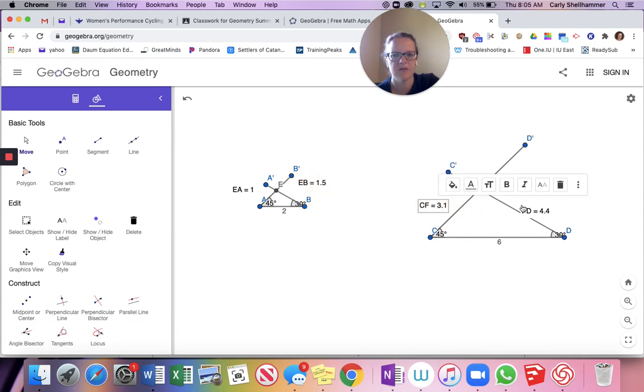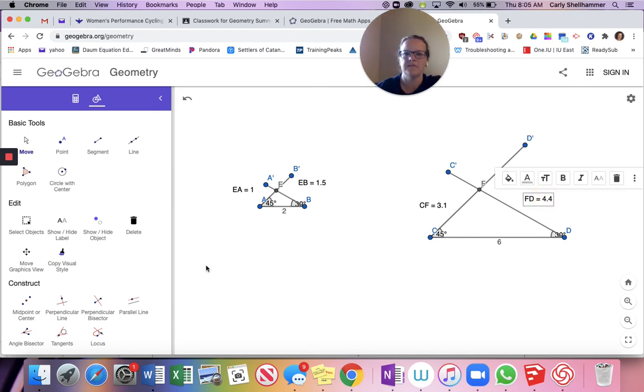All right, so 2 to 6 was a scale factor of 3, which means that 1 times 3 is 3. 1.5 times 3 is 4.5. So we have similar triangles. All we did was make 2 triangles with a pair of congruent angles, and we made similar triangles.